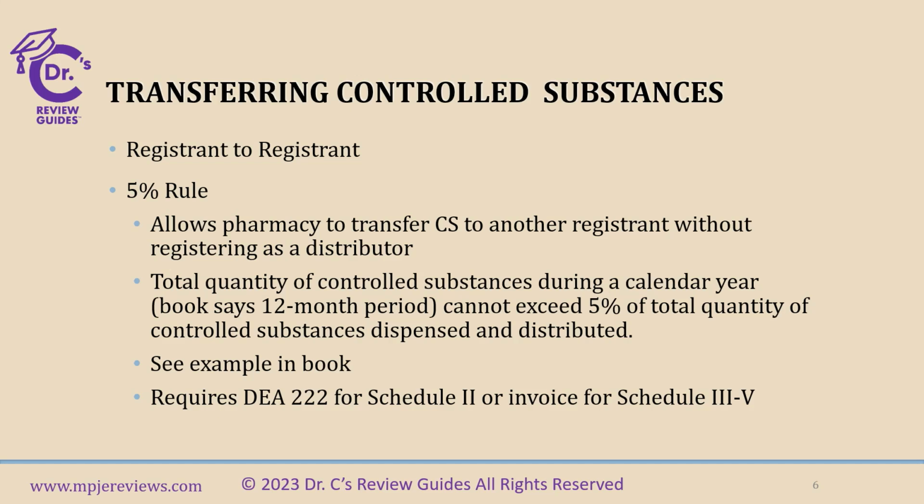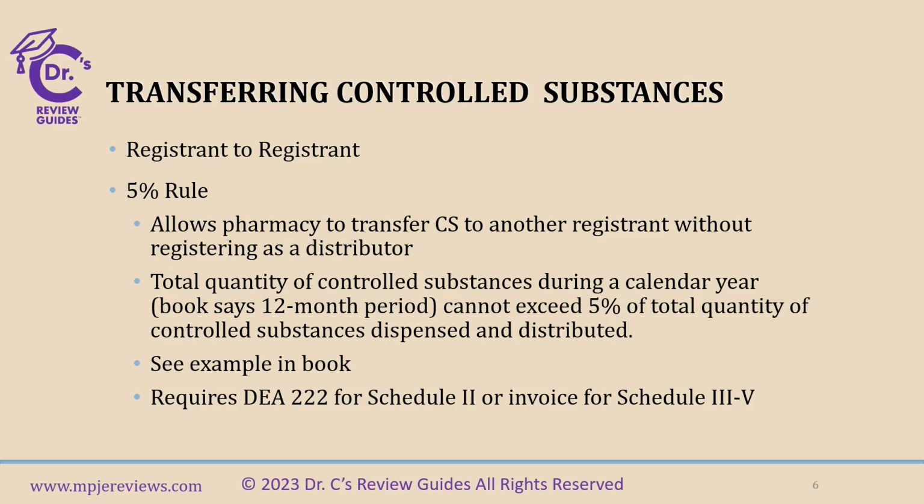And the way you calculate this is you take the total quantity by dosage units of controlled substances that the pharmacy dispenses and distributes. So anything that was sent out of your pharmacy through a prescription or sent out of your pharmacy to another pharmacy or to a physician's office, the total quantity of controlled substances.